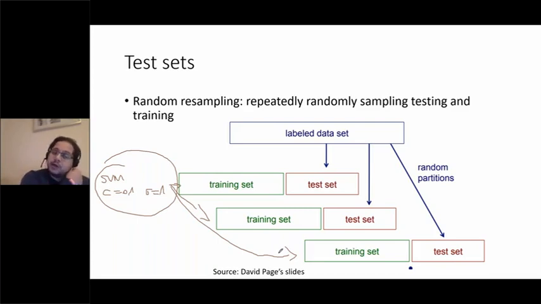Yes, because the data set is different. But I want to see if this difference doesn't affect testing too much, the accuracy in testing. If the accuracy in testing doesn't change too much, it means that these hyperparameters are doing a good generalization in my data set. Okay?